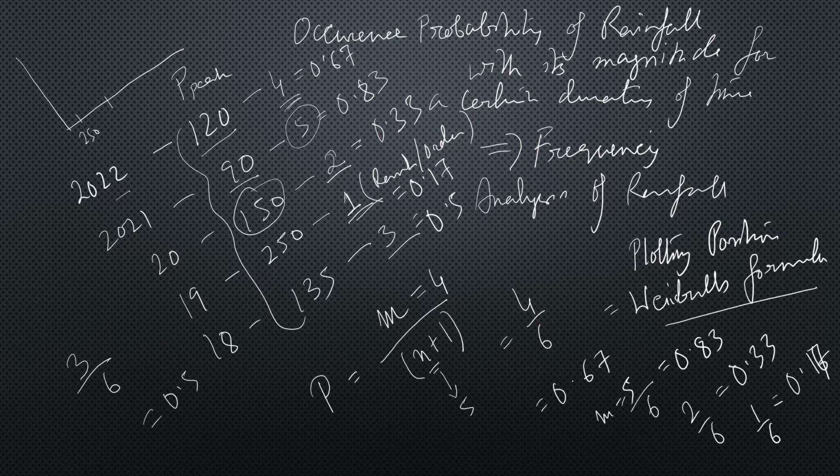This will be the next highest rainfall, 150. This will be the third highest rainfall, 135. This will be your 120. Now you see this highest rainfall has the lowest probability. Naturally, this is the extreme event. So this curve will be like that.